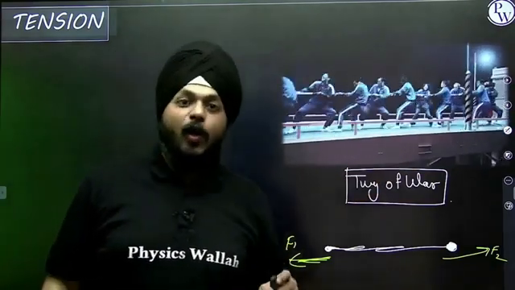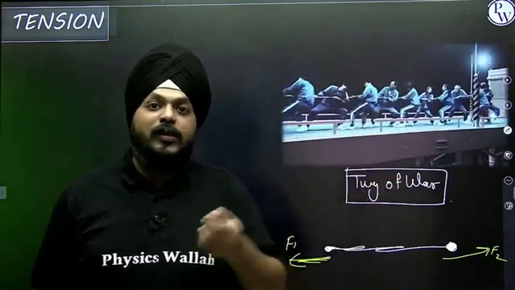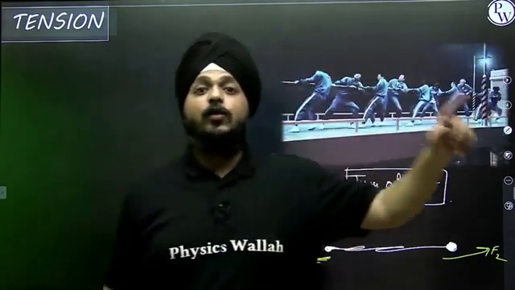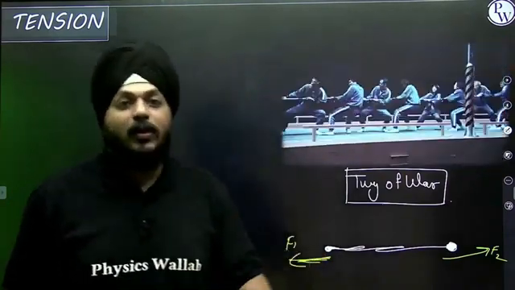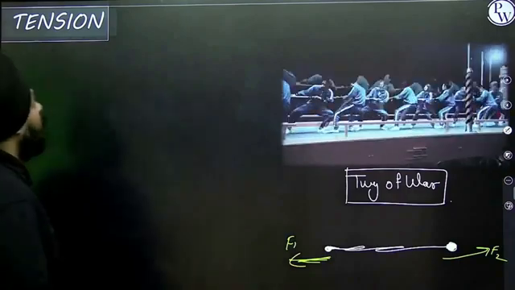Obviously, in tug of war, one is trying to pull the game towards their end. The second is trying to pull the game towards their end. Pull, that is an important word, right?